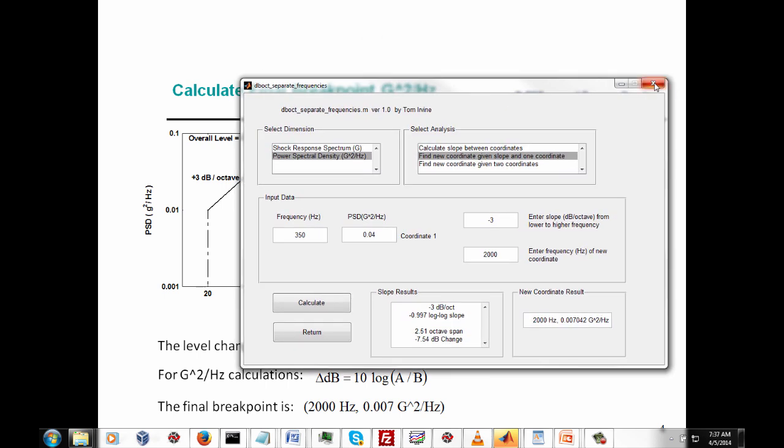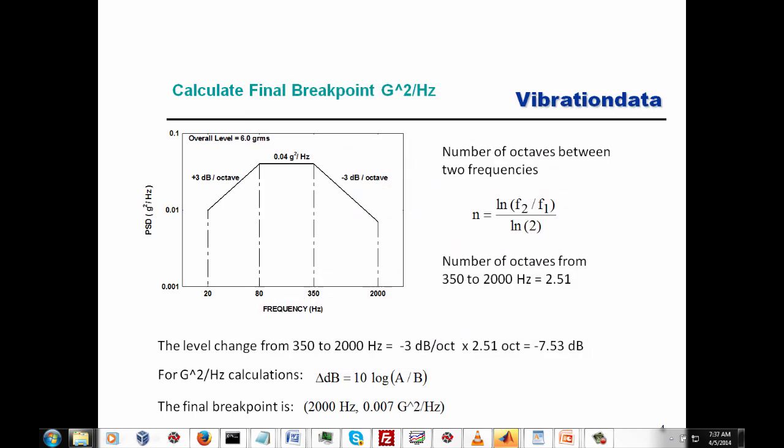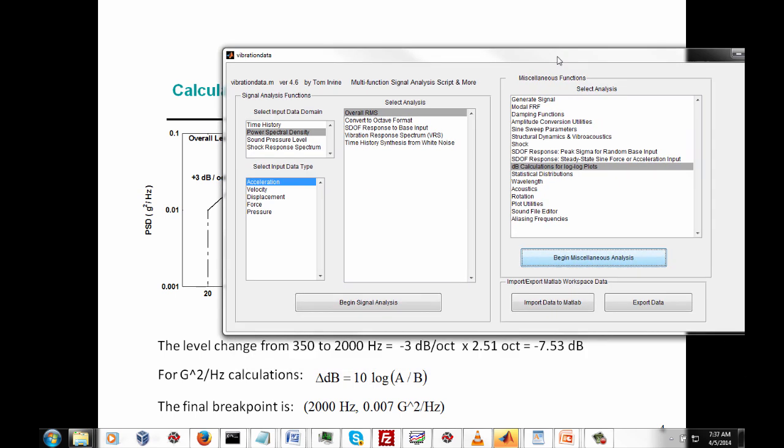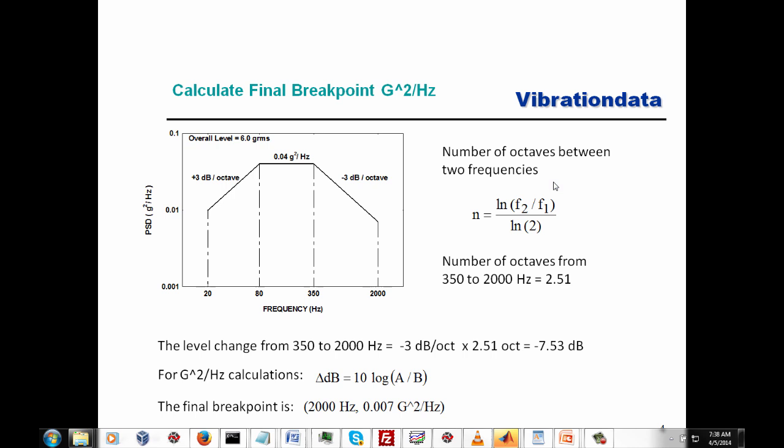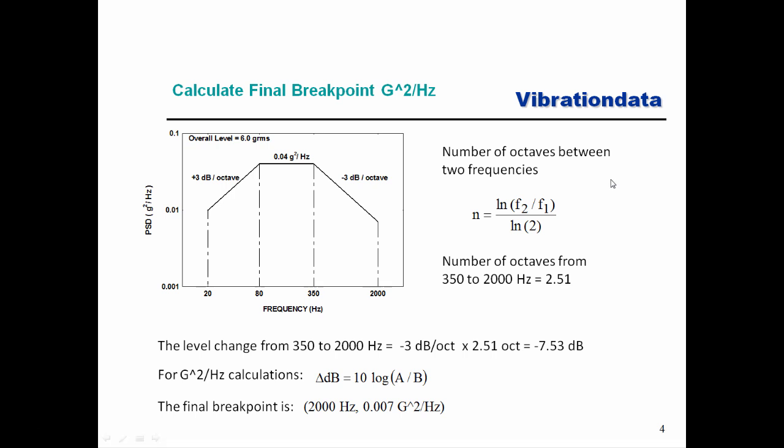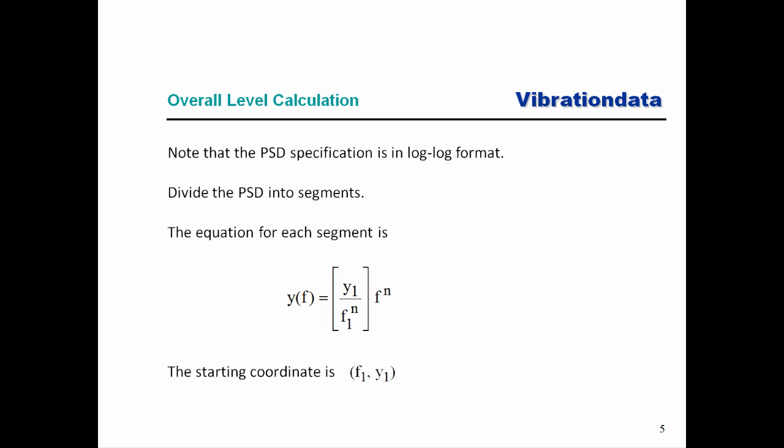So within the vibration data GUI package, there's just a couple of utilities that you can use to do these sorts of dB calculations and extrapolations and finding the breakpoints, as well as calculating the overall RMS values. And I actually want to go back and explain just a little bit more about what went on within some of those calculations.